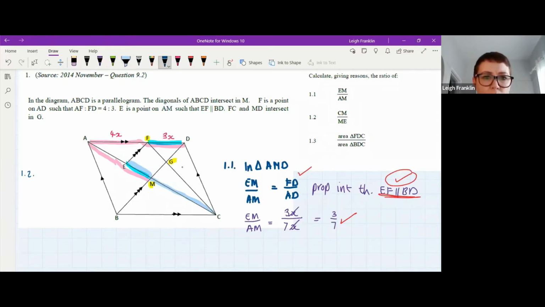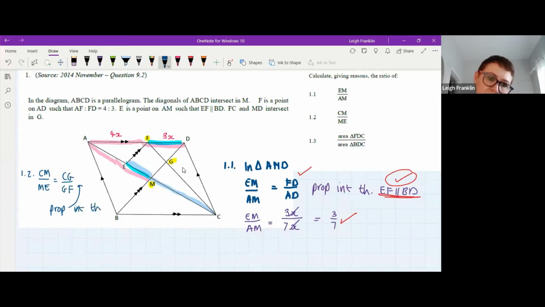Anybody want to take that one? What would CM over ME be equal to? CG over GF. Good. Reason? Prop and theorem. Okay, this actually should be written over here.